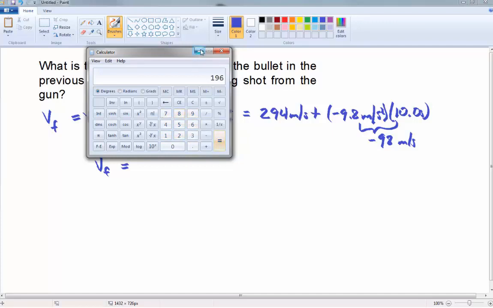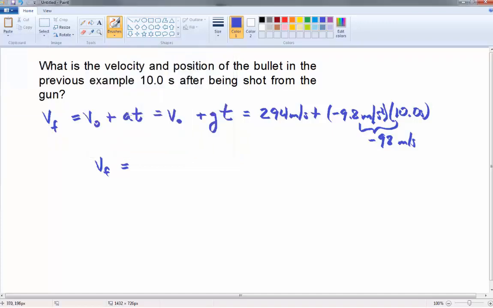So this is 196 meters per second, and if we want direction, it's traveling up. Okay, so that solves for the velocity v final.